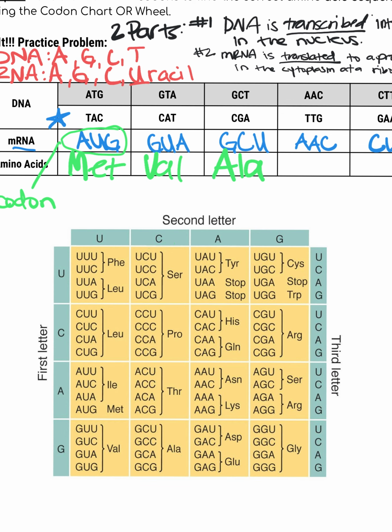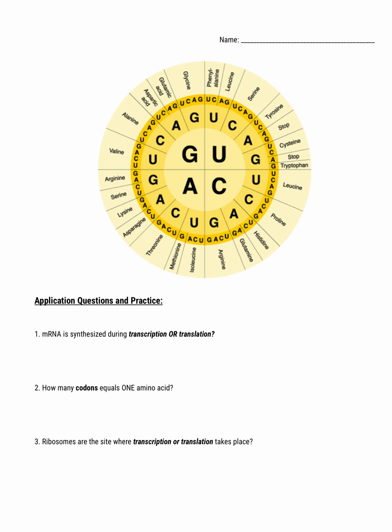Okay, 2 more before we complete this protein synthesis strand. I've got AAC for the next one. So A, A, and then C. So if I come across, AAC gives me ASN. And then for my very last one in this section, I've got CUU. So CUU gives me LEU.